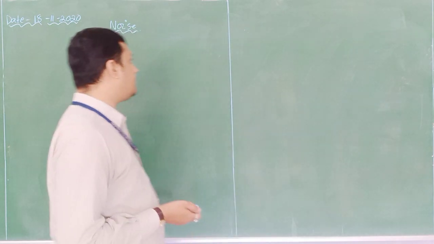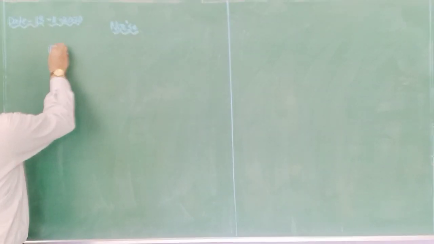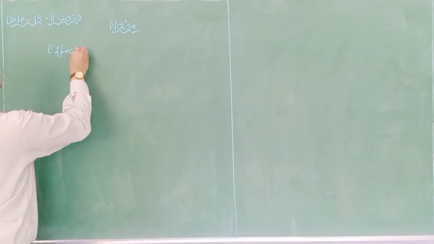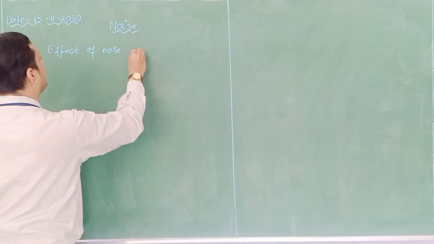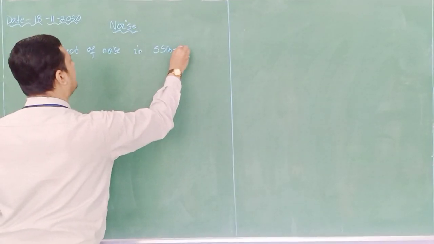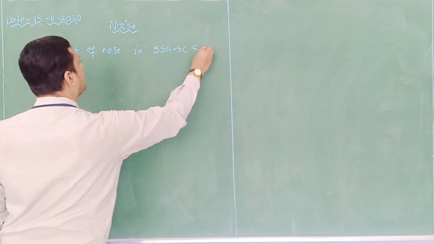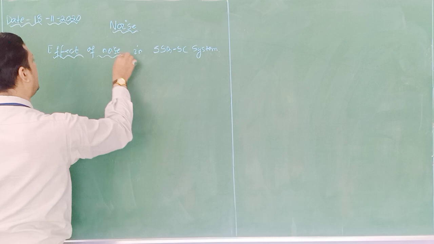First we will discuss the effect of noise in the SSB-SC system. SSB-SC means again we have to go through certain relations.